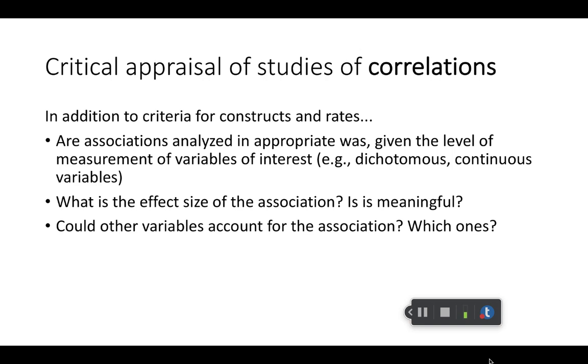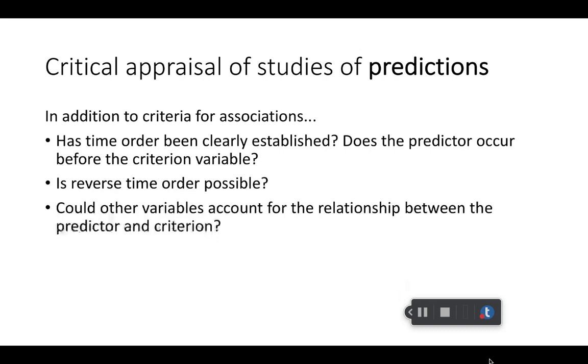We want to ask what is the effect size and is it meaningful? And we want to ask whether other variables could account for the association, and if so, which ones? So these are key questions to ask in critically appraising studies of correlations.